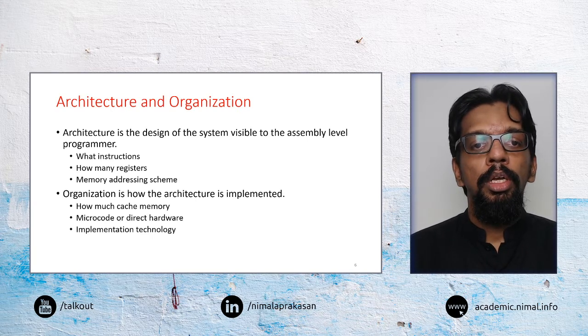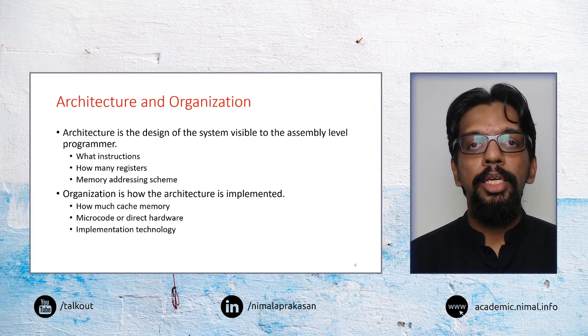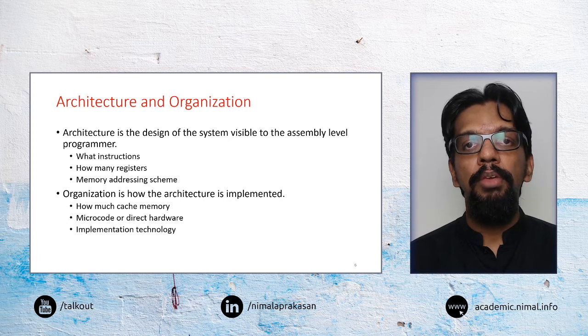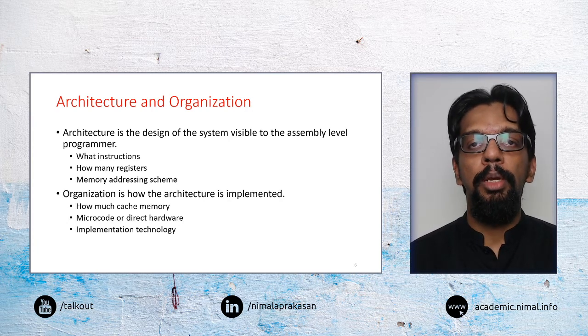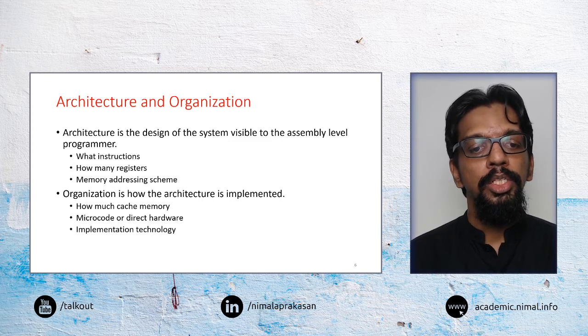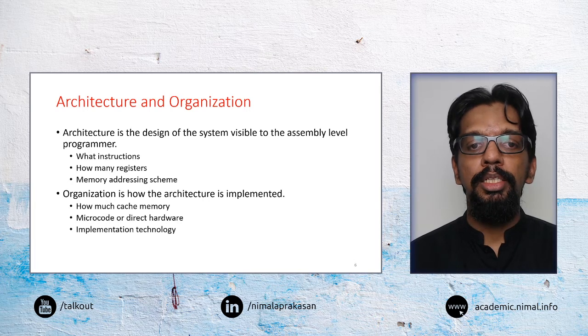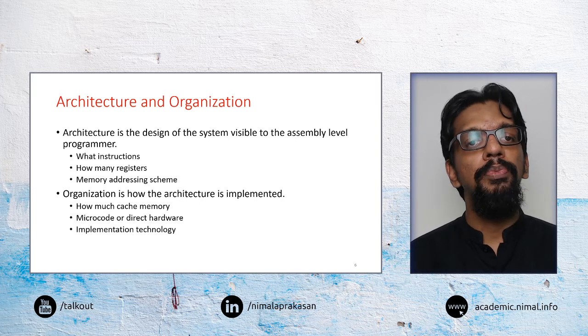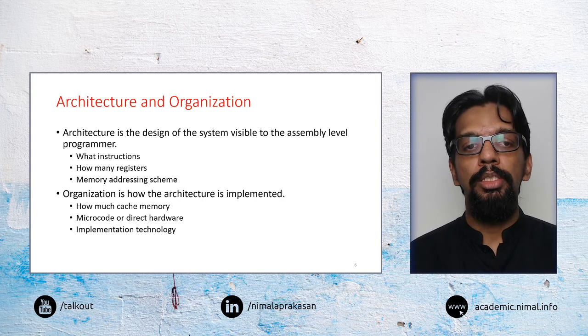So when we think about computer architecture and computer organization, there are significant differences between these two terminologies. Sometimes you may have used these two terminologies interchangeably, but they are significantly two different things. For example, computer architecture is about the design of the system that is visible to the programmer's view.